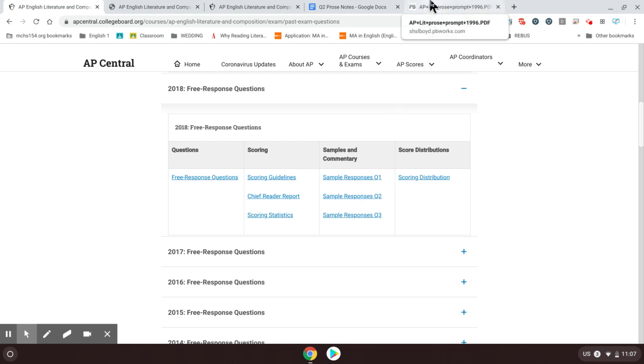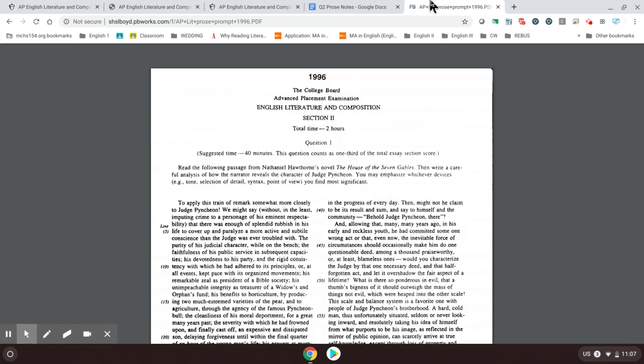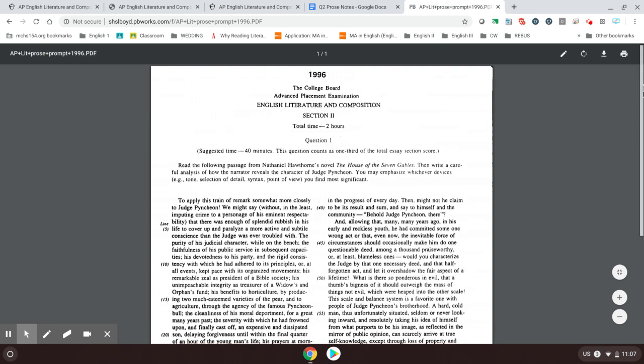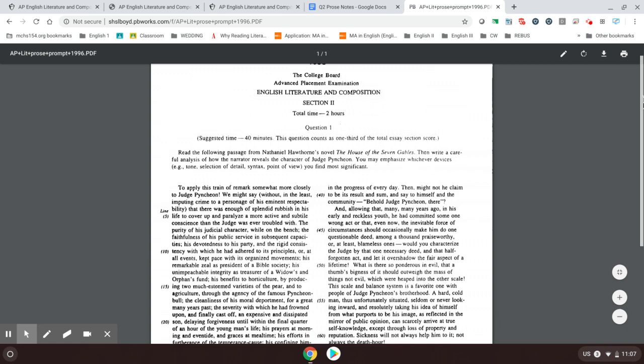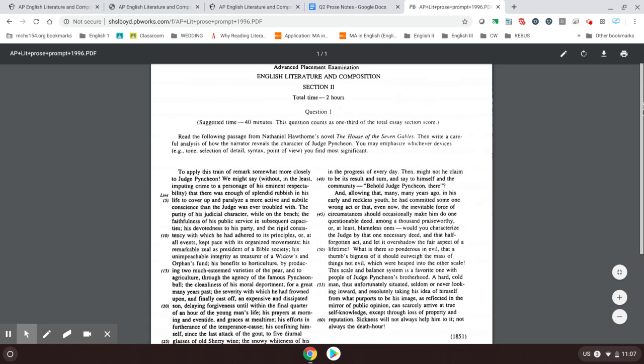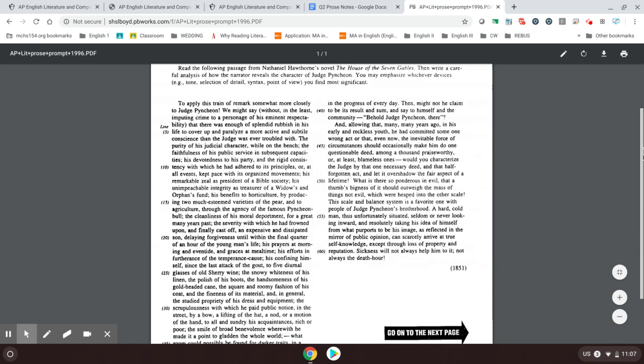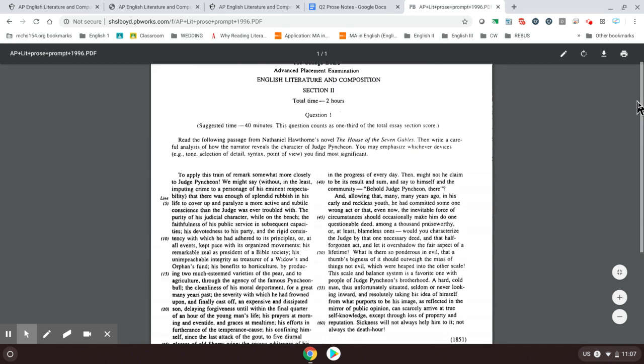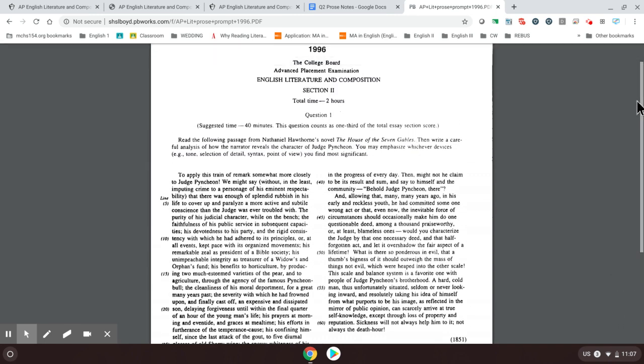All right, I will put this specifically on the Google Classroom post, but if you would like another chance at earning up to 30 points of extra credit, this is the 1996 Prose question from the AP exam. I would like you to read the prompt, closely read the passage, and then submit to me an outline of how you would write this essay.